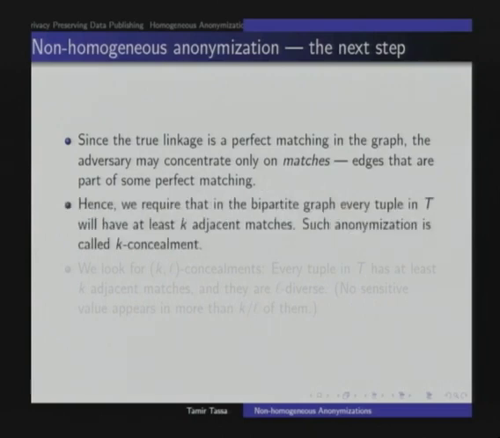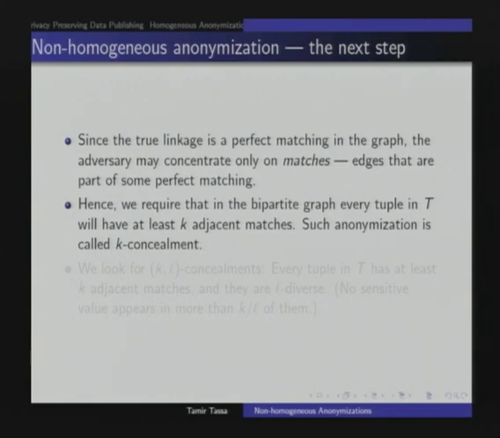So we require that in the bipartite graph, every tuple in T, which is the table on the left, will have at least k adjacent matches, namely at least k edges that are adjacent to it, each one of which is a part of a perfect matching.